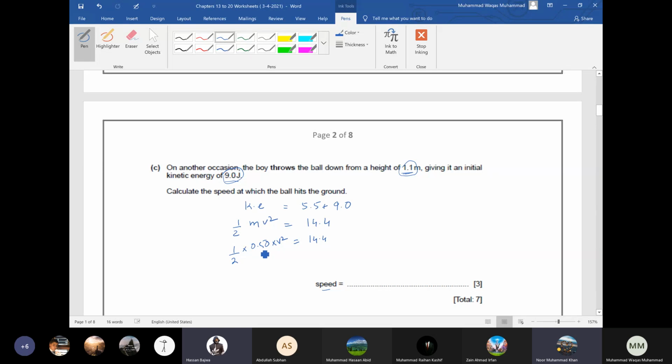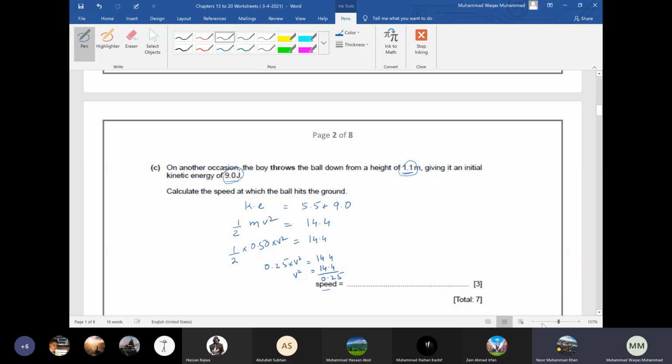0.25, into v square, right? That is equal to 14.5. Now v square is equal to 14.5 divided by 0.25. When you do this, beta, what answer do you get?